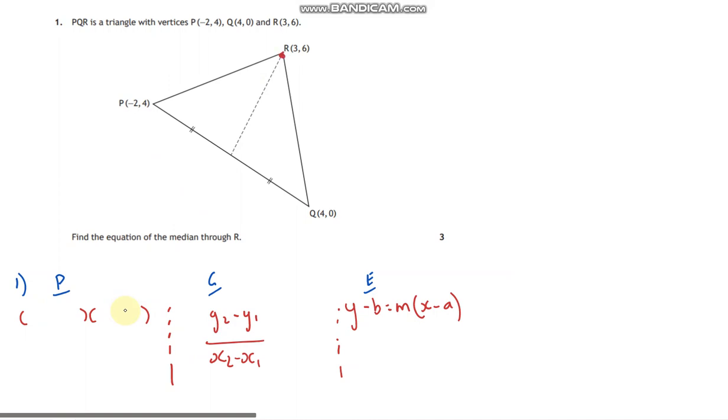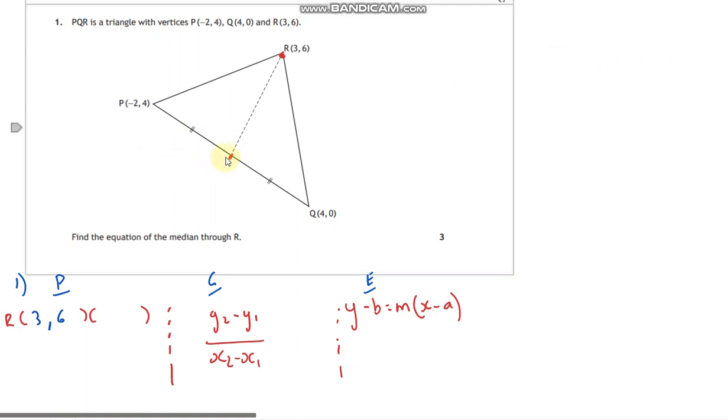So I've got R, and the median is going to cut this line in 2. So right away I know I've got R, which is 3, 6. So I'm going to put that in, 3 and 6. But I need to get this midpoint value here. So let's calculate that then. To calculate that, you would add together your x's.